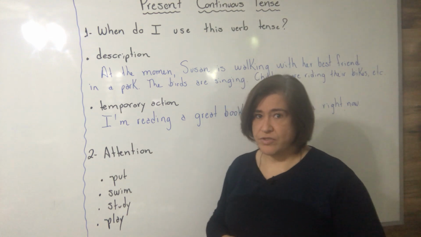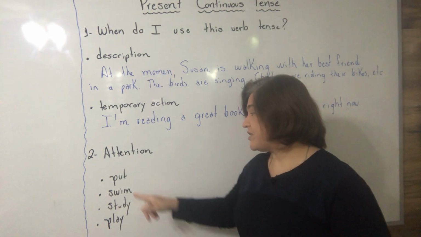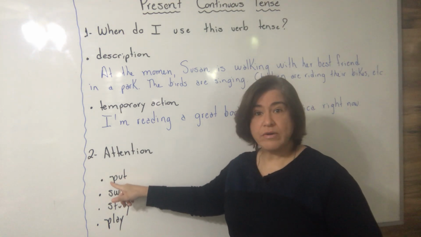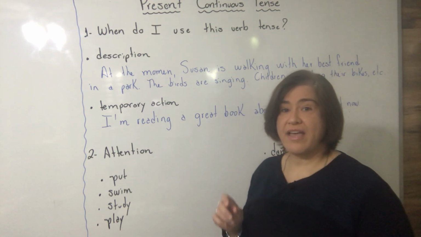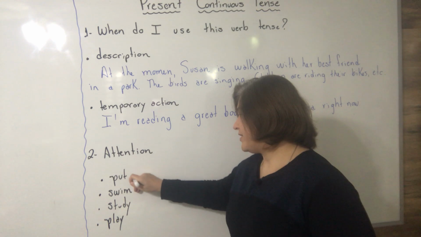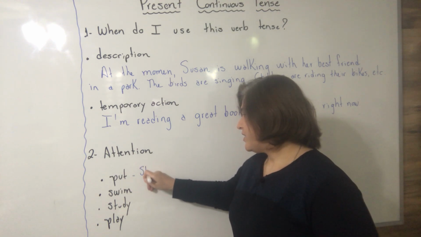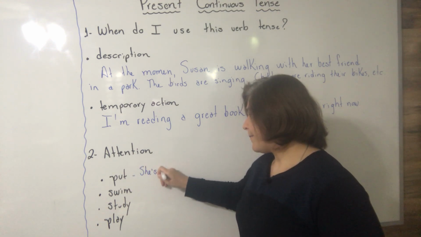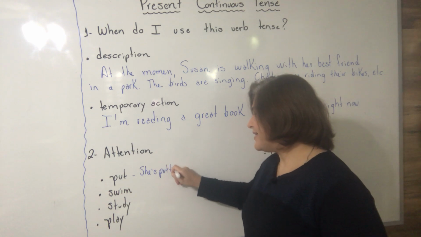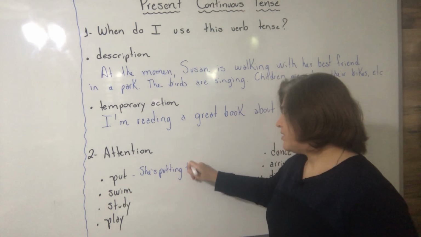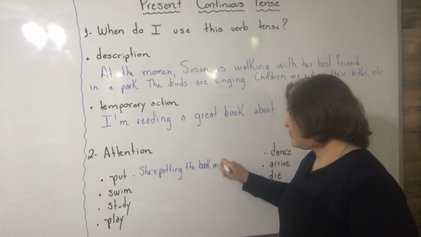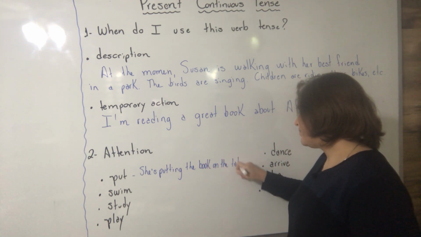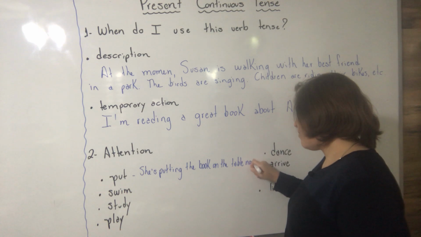The verb put, students, the verb put finishes in consonant, vowel, consonant. So attention with the ing. You are going to say, "She's putting the book on the table now."